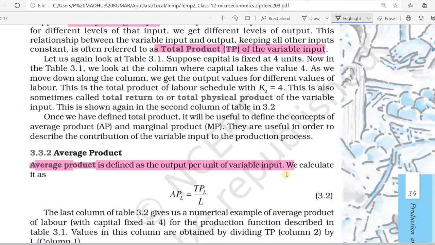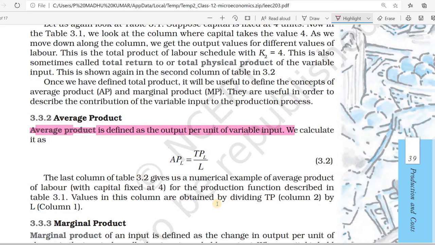Means for per unit, suppose I increased one more labor, that time how much production increases, that one is the average product. The average product equation is average product of labor equal to total product of labor divided by number of labor.